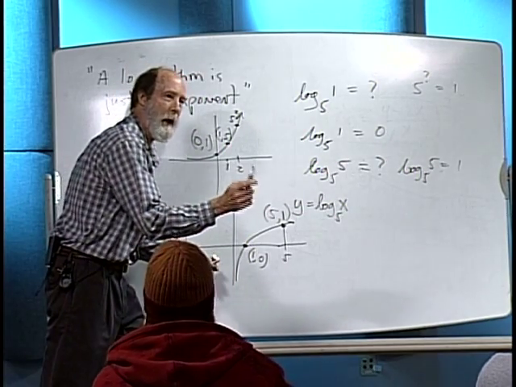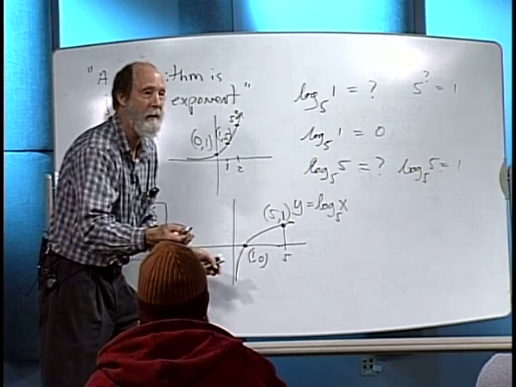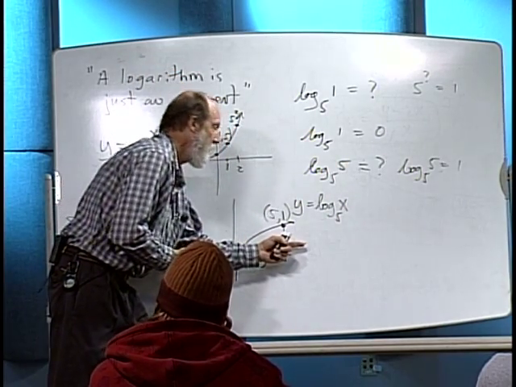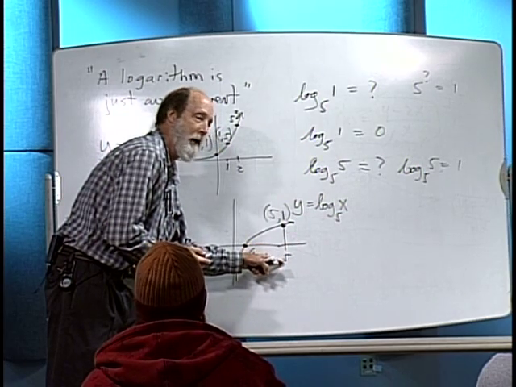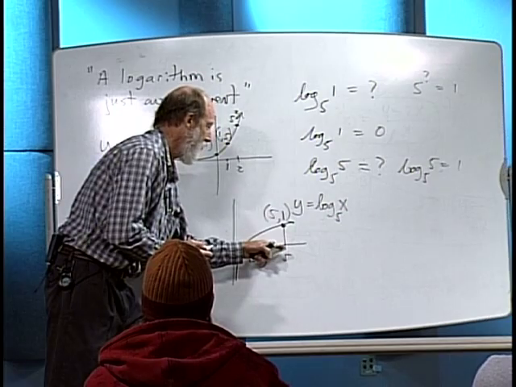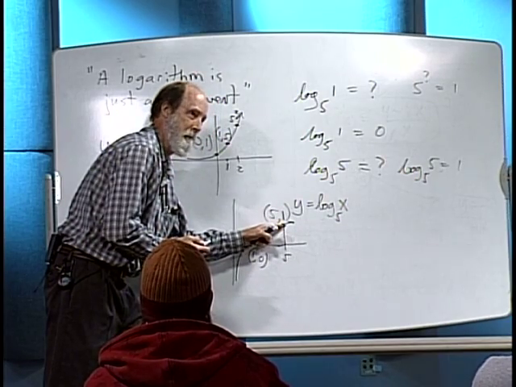So for other base logarithms, like 10, like 2, etc., you have to go over in the domain to the basis value. You have to go over in the domain to the basis value to find a height of 1.